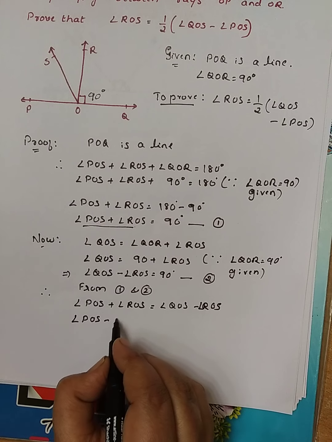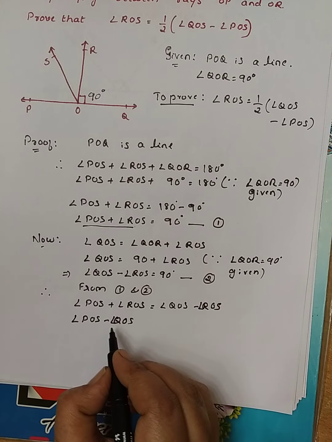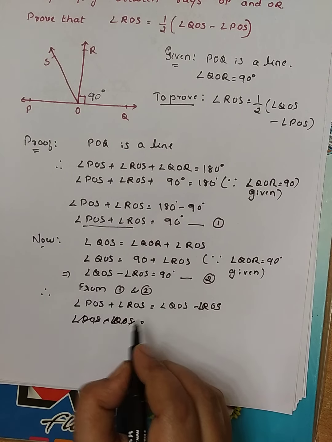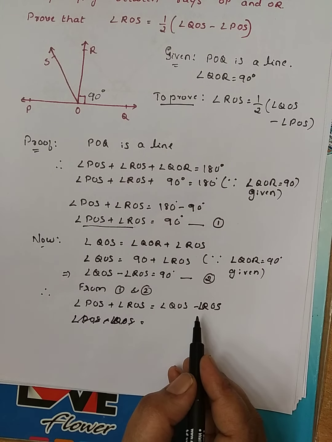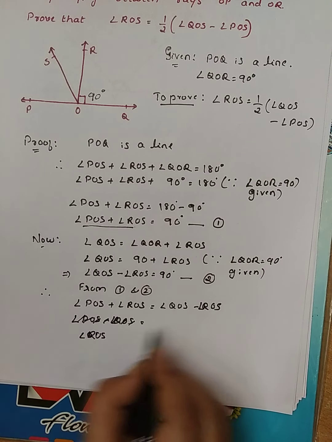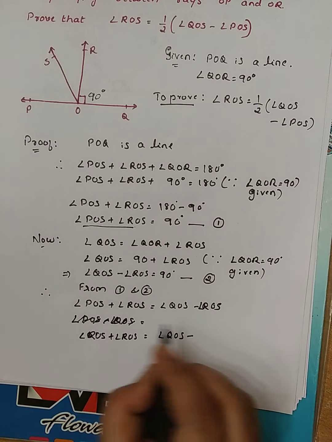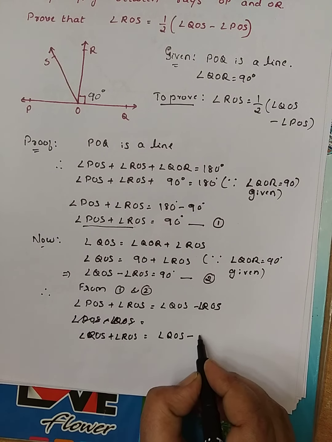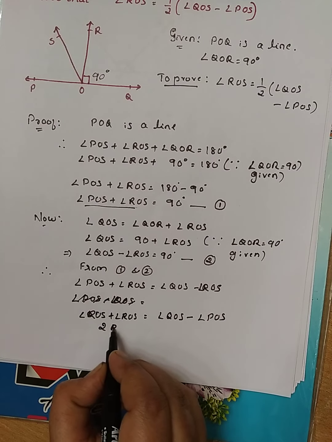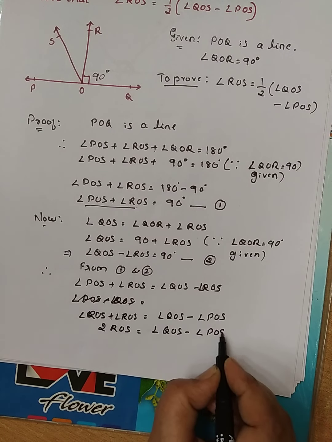It is better to bring the right-hand side ROS to the left-hand side: angle ROS plus angle ROS equals angle QOS minus, transferring left to right, angle POS. That is 1 ROS plus 1 ROS, so 2 ROS equals angle QOS minus angle POS.